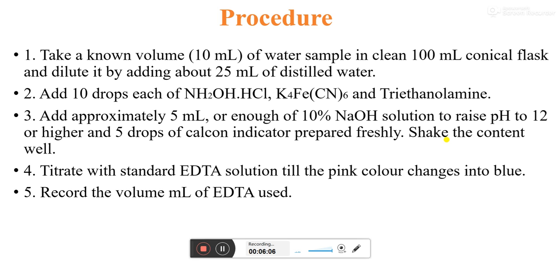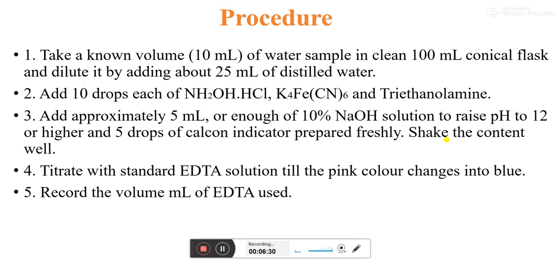Then add approximately 5 ml, or enough as required for that particular sample, of 10% NaOH to raise the pH to 12 or higher, and 5 drops of chalcone indicator, prepared freshly. Shake the contents well.